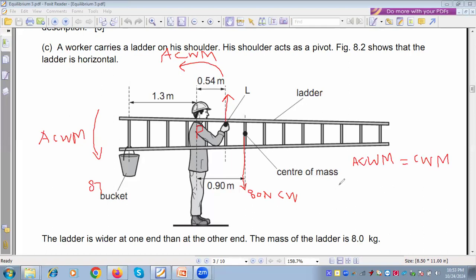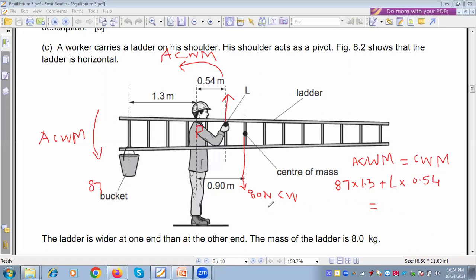So here this is 87 into 1.3, distance of 87, bucket is 1.3 from the pivot, plus they are added anti-clockwise moments, L into, the force is not known to us, we have to work it out, 0.5, is equal to clockwise moment.